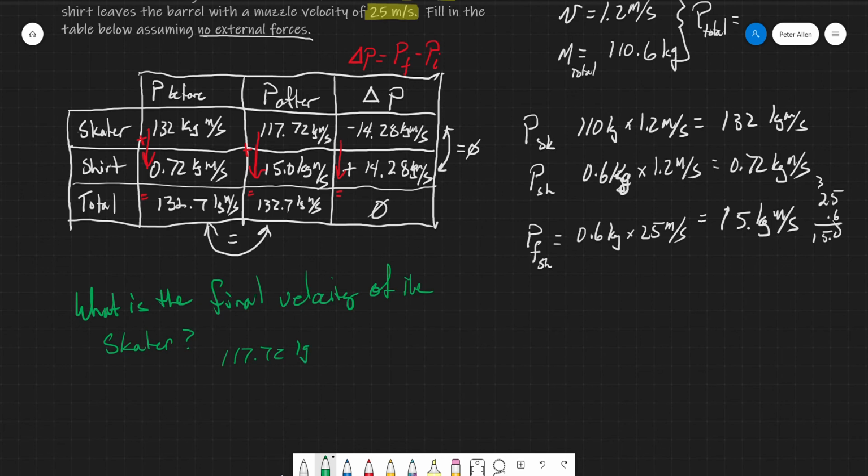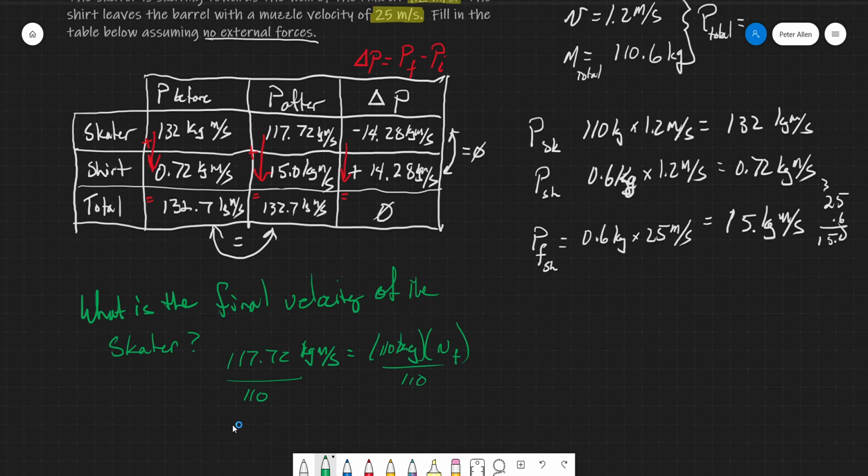kilogram meters per second is going to equal our 110 kilograms of the skater times his final velocity. So we divide by 110. And we wind up with 117.72 divided by 110, and that winds up being, what was that?